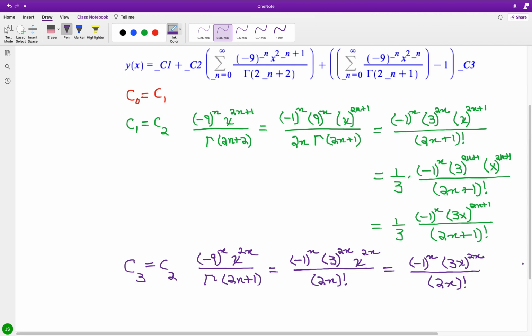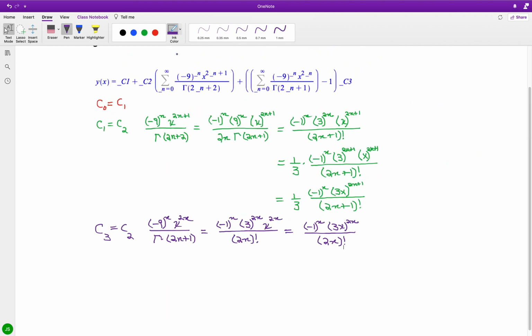So in the context of taking what we have for y of x, we're going to have C0 plus C1 times the summation as n goes from 0 to infinity.